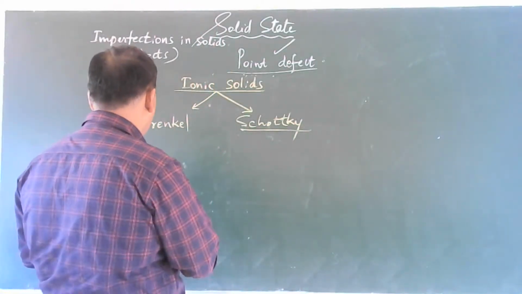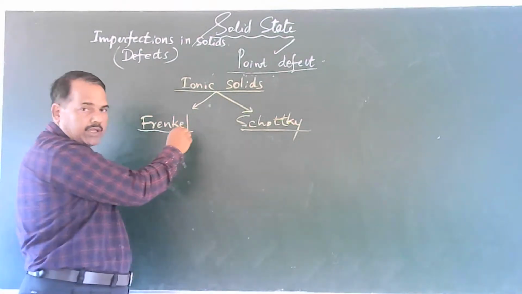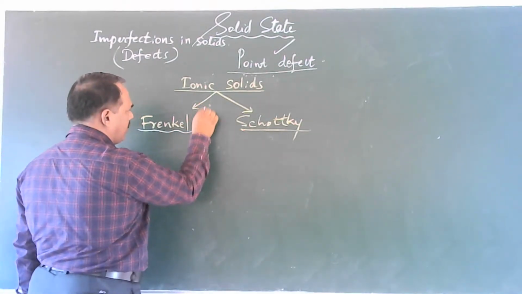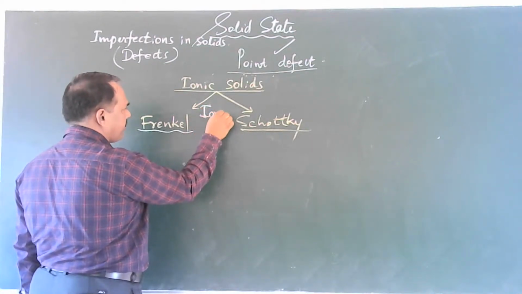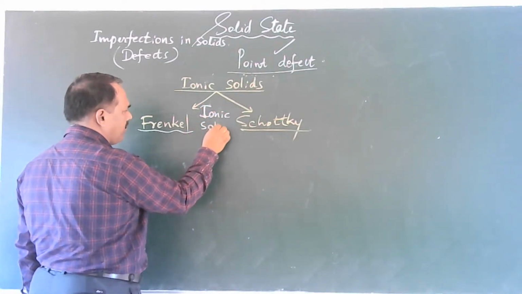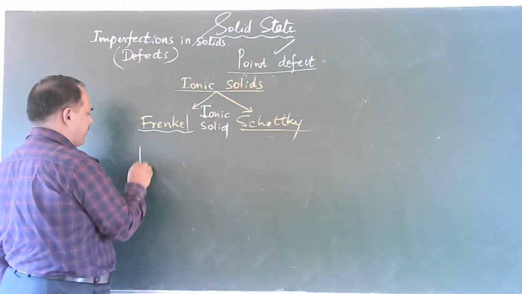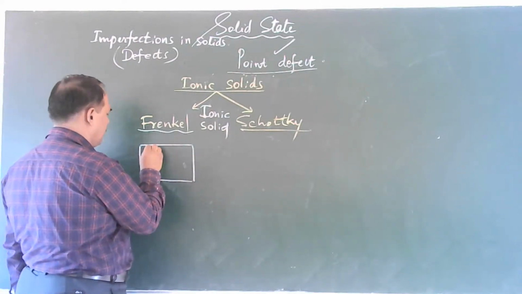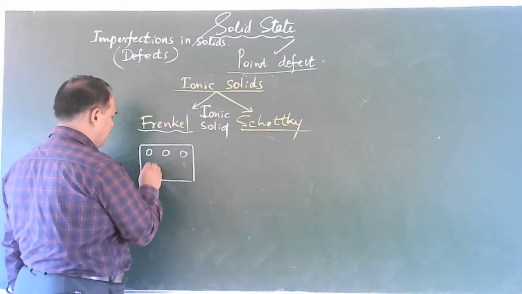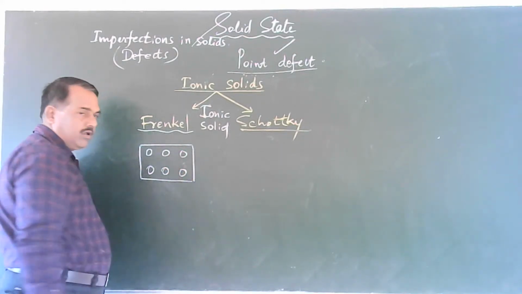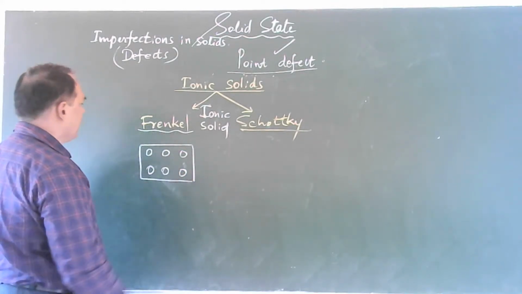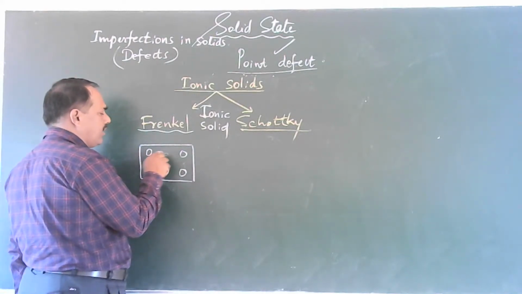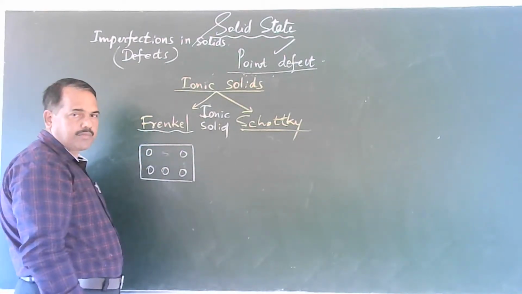If you go for Frenkel defect, which arises in ionic solids, you can see easily these are the particles which are present, and one of the particles is missing, so you can find here a vacancy defect.